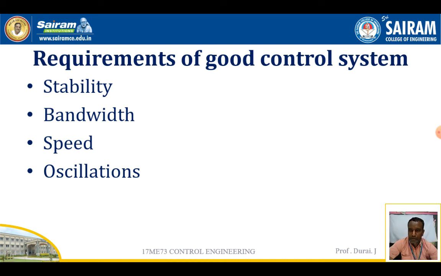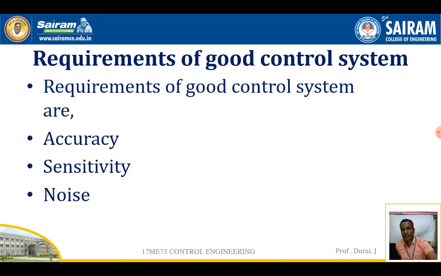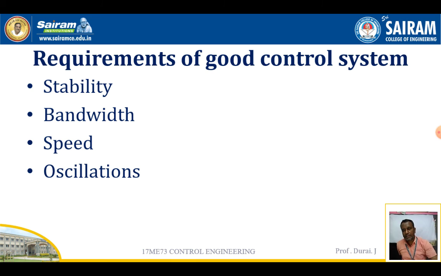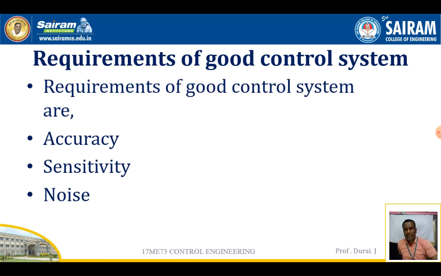Then bandwidth: it has to transfer more data from one point to another, so the bandwidth will be larger in the closed loop system. Also speed should be considerably higher in a good control system, and oscillations should be low. So these are the requirements of good control systems: accuracy, sensitivity, noise, stability, bandwidth, speed and oscillation. Mainly, a good control system should not be affected by external disturbances, it has to provide accurate values, it should not produce much noise, and it has to transfer more data from one point to another.